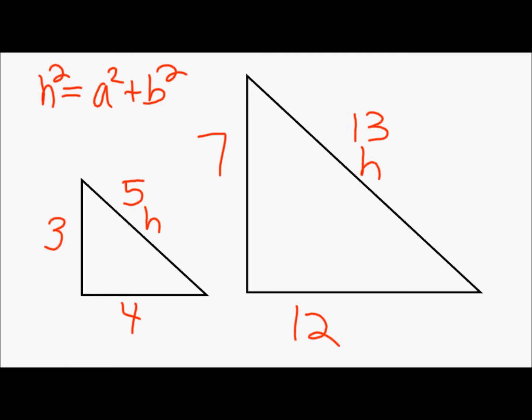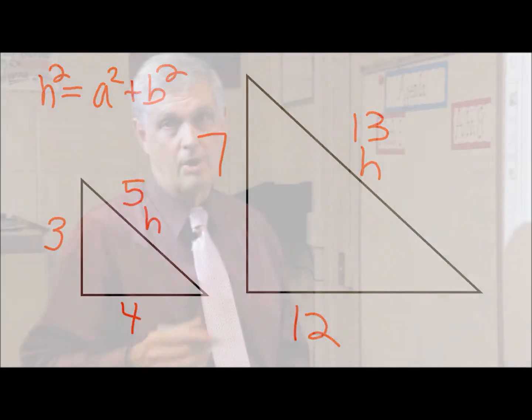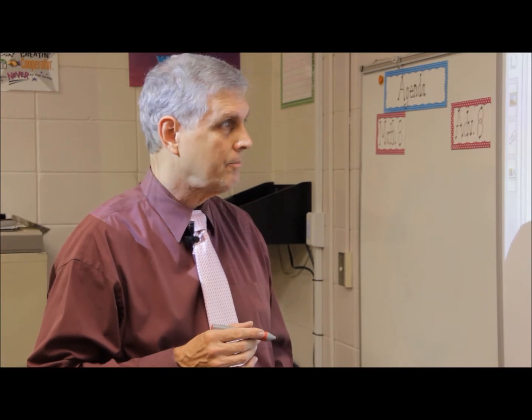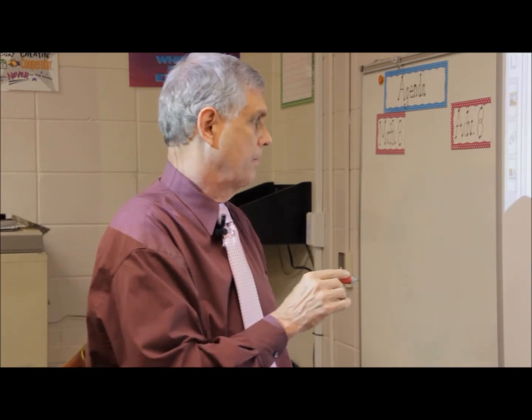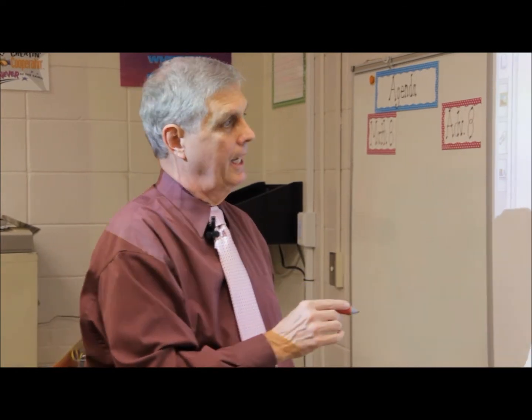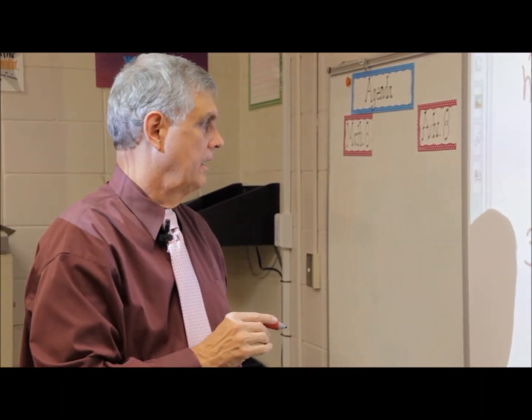If you do forget what the Pythagorean triplets are, invariably every problem that involves a triplet could also be done with the Pythagorean theorem, except that if you know the triplets, oftentimes you can cut the problem-solving time in half. Okay, so those are the triplets, 3, 4, 5, and 7, 12, 13.